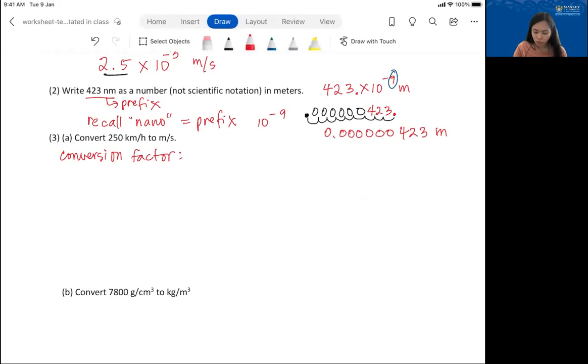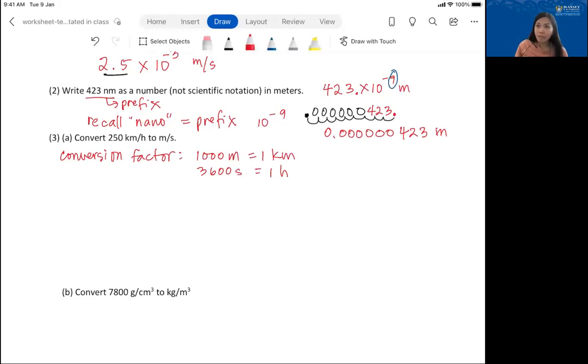Okay, so you want to convert kilometers to meters, so you can have 1,000 meters is equal to 1 kilometer. Right? And hours to seconds. 3,600 seconds is to 1 hour. So this relates kilometers to meters and hours to seconds.